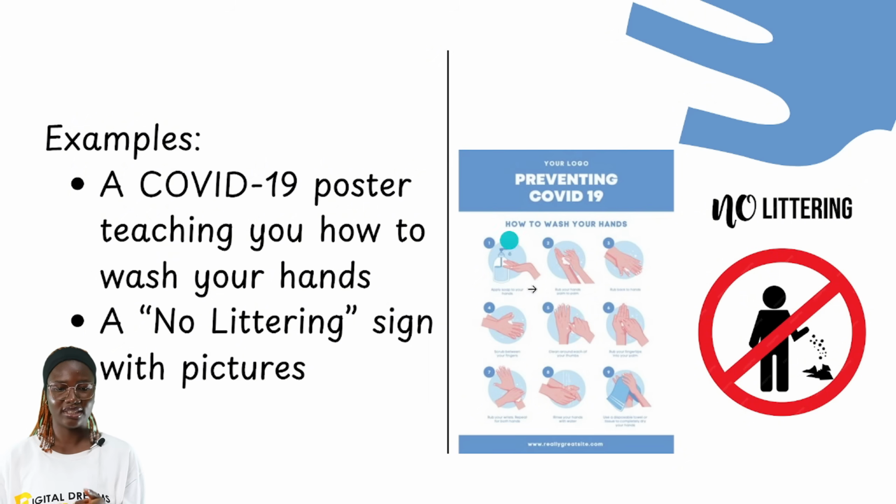Or this COVID-19 poster that shows you how to wash your hands to prevent COVID-19. But imagine that this was not designed and somebody just wrote on a plain paper, preventing COVID-19, wash your hands. There's no illustration on how to do it. Would people really stop to look at that, to read it? I doubt.